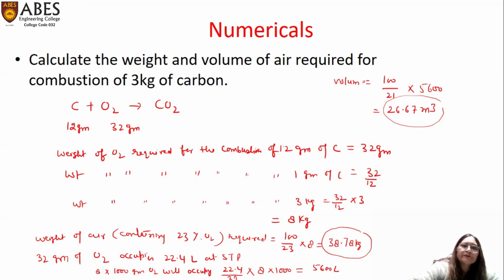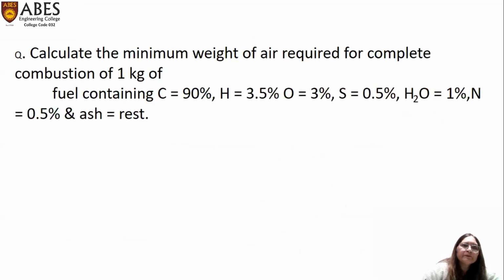Now coming to the second numerical: calculate the minimum weight of air required for complete combustion of 1 kg of fuel containing carbon 90%, hydrogen 3.5%, oxygen 3%, sulfur 0.5%, water 1%, nitrogen 0.5%, and ash rest.